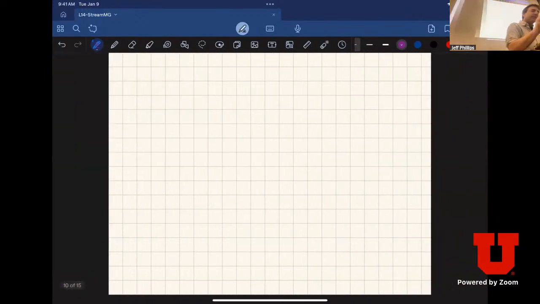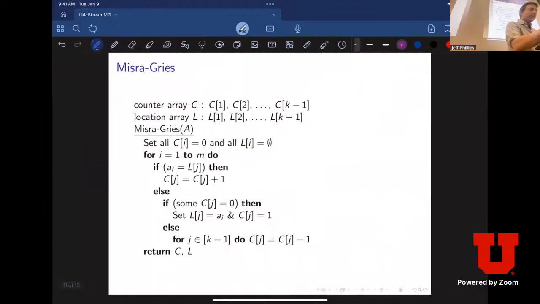Let's look at the algorithm here, and let me try to draw a picture to go along with it. I've got a counter array and a label array, and I initialize them. Then I have a for loop from 1 to n.